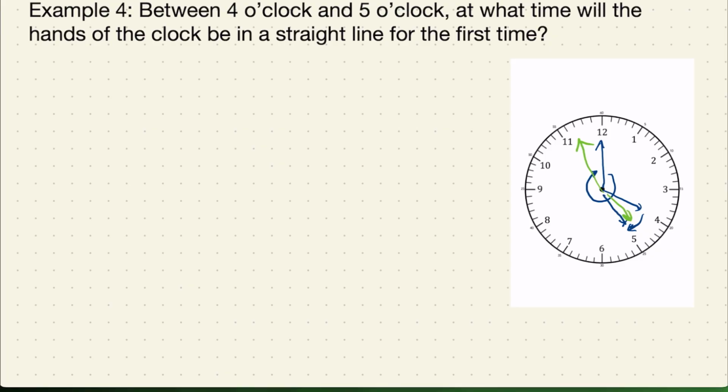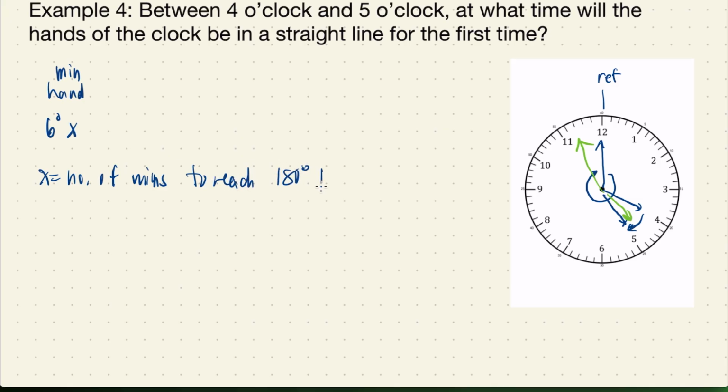Okay? So again, we will use 12 as a reference. So basically, we start with the minute hand, 6 degrees times x. We let x be the number of minutes to reach 180 degrees between the hands.